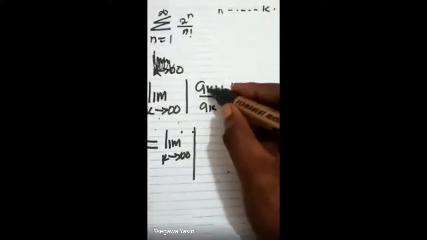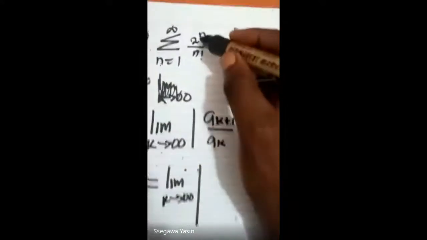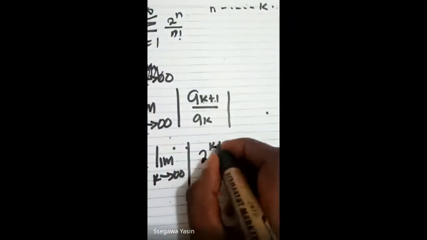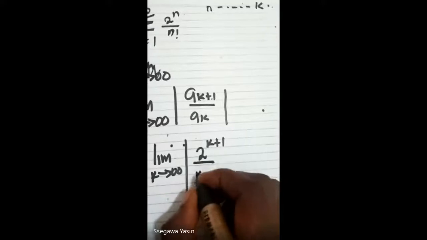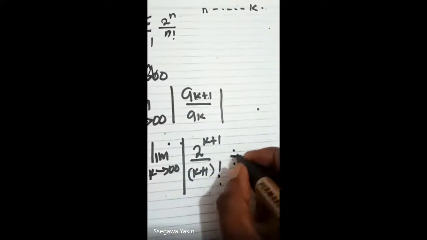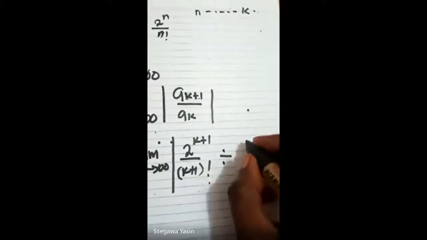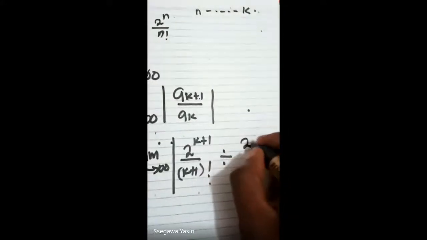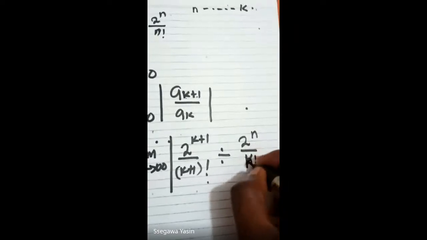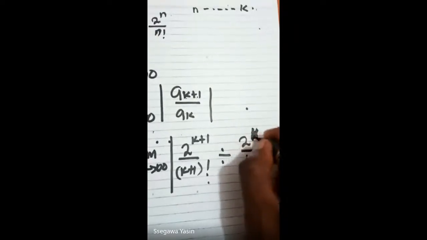So we are substituting k plus 1, meaning that we go to k plus 1. So this is 2 power k plus 1 over (k plus 1) factorial. Then we divide this with the same expression, 2 power k over k factorial.